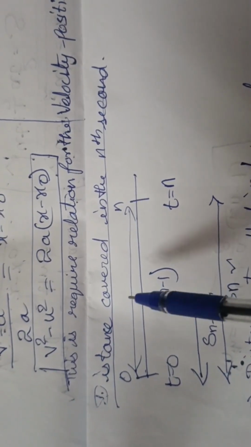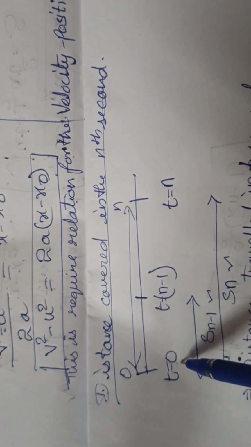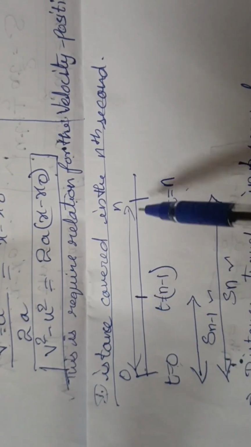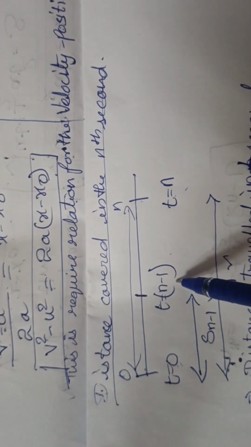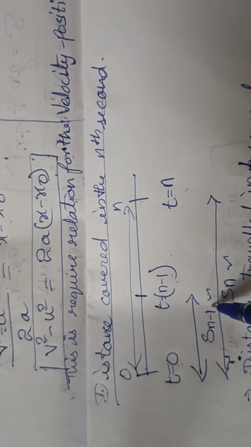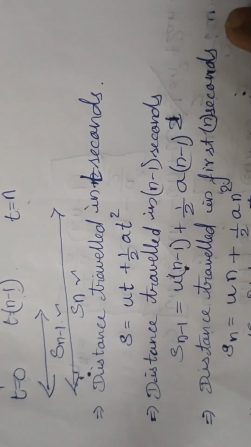And at the last we have to define the fourth equation, the complementary one, t equal to 0, t equal to n. If I go with the value before n, that is t n minus 1, then this will be called the s n minus 1 value, and this is the s n value.